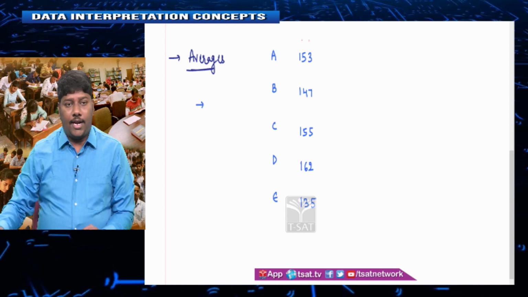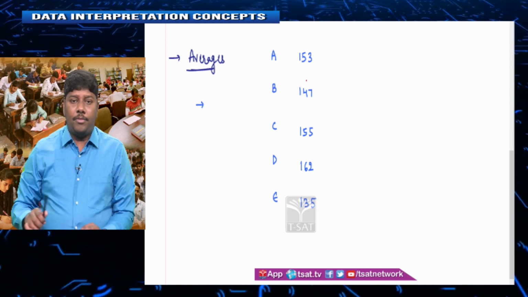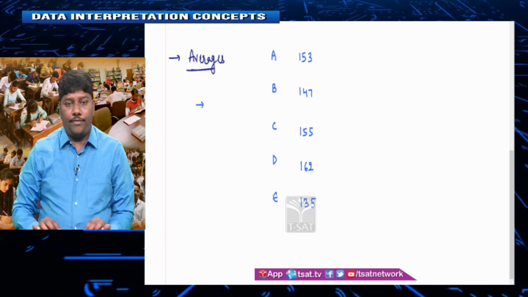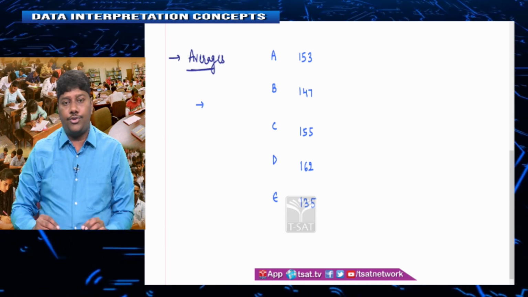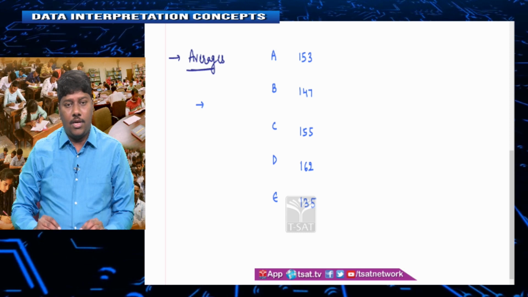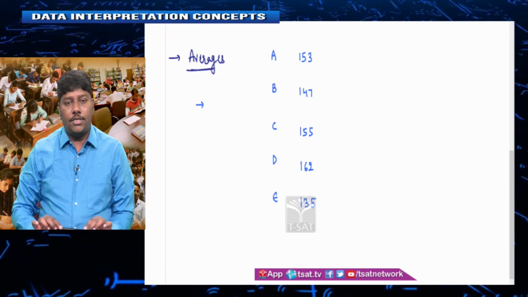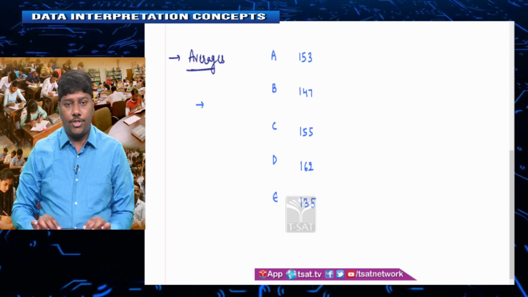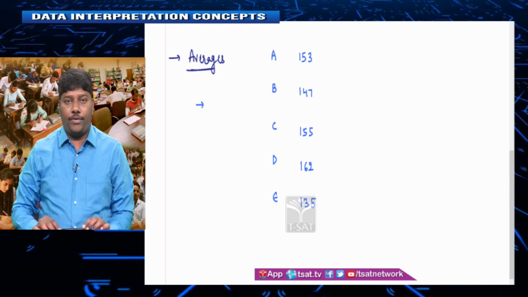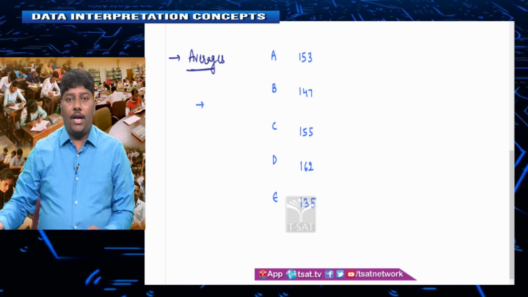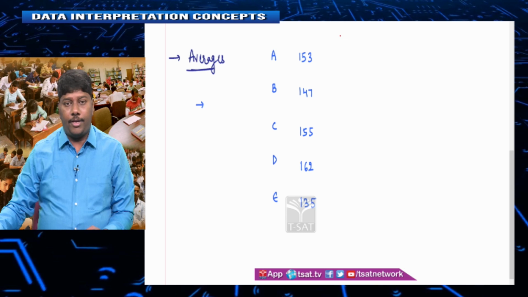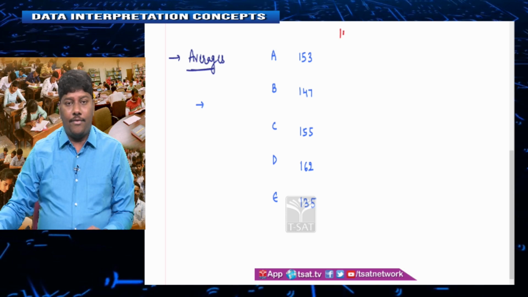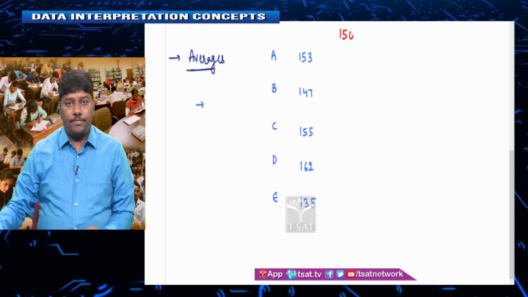So assume a value in between: 135 is the minimum given and 162 is the maximum given. Take any round figure in between 135 and 162 so that you can easily do it. I am assuming it as 150. Let the average be 150.